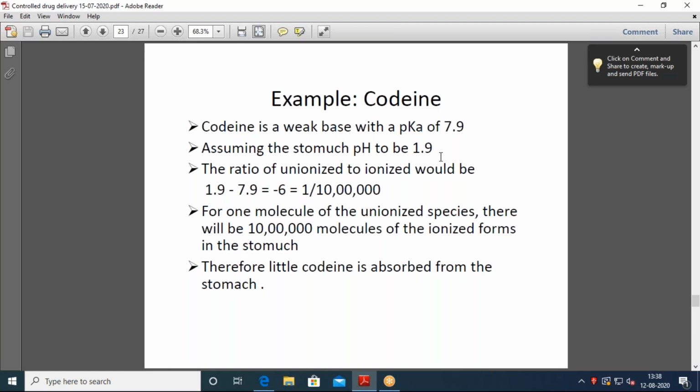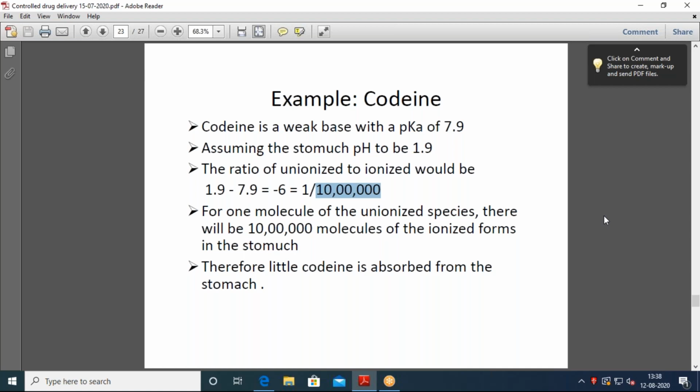How these two factors determine the extent of ionization is shown with the examples here. Codeine is a weak base, and in the stomach, the ratio of unionized to ionized species is as you can see there, based on the pKa. The pKa is 7.9, and the pH of the stomach, rounded off, is 1.9.